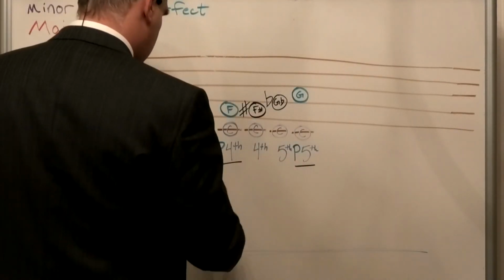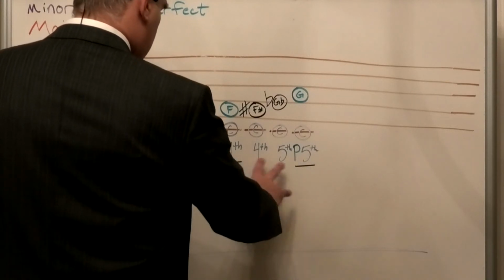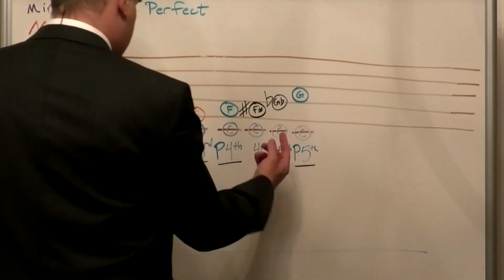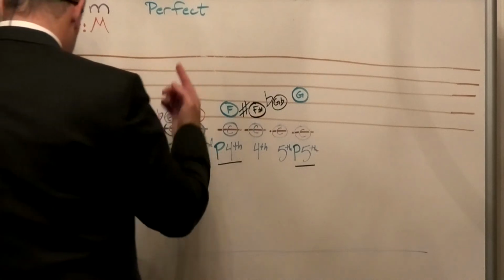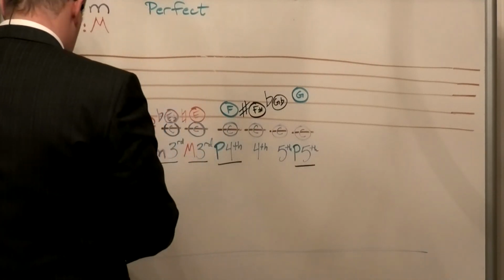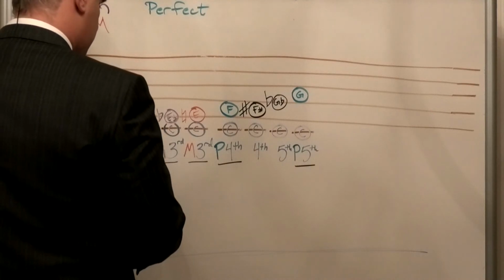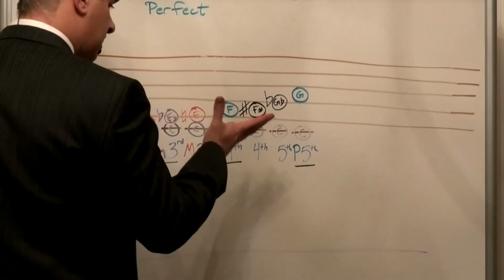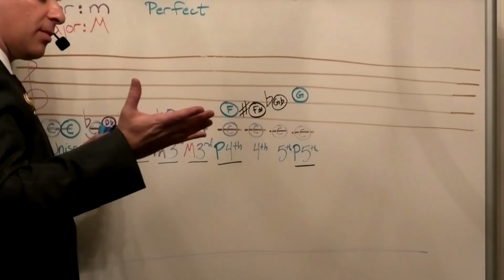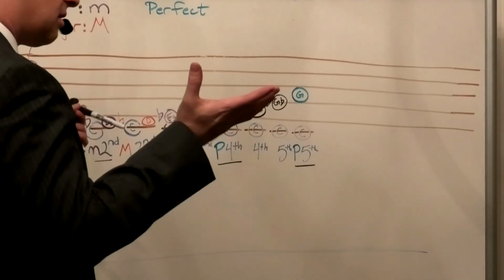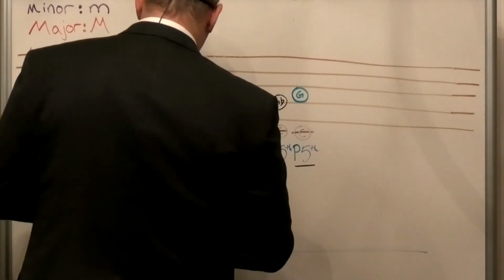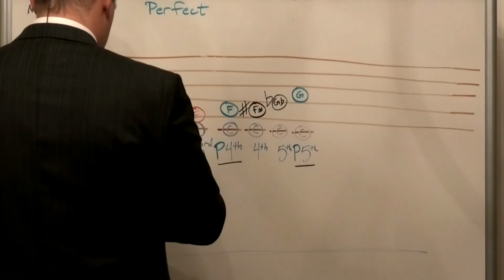It's very important. But if we go a half step up from a perfect interval, it's called augmented. Augment means to raise up. To augment something means to raise it up.